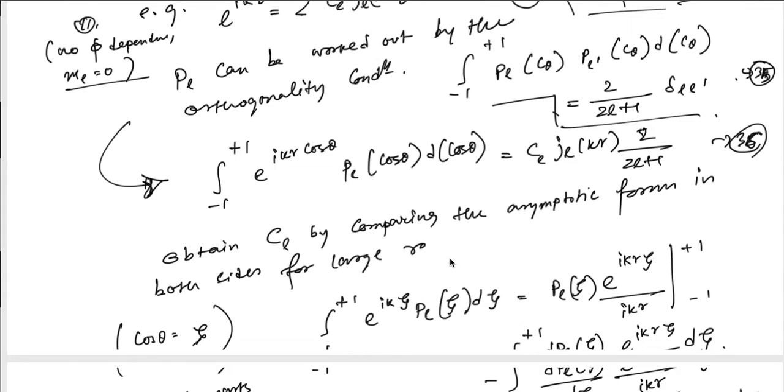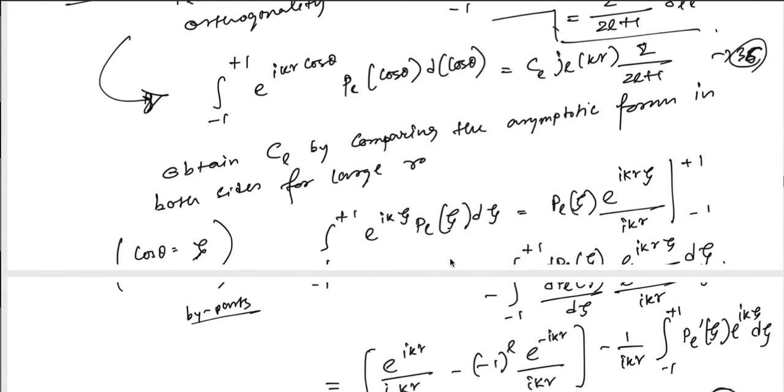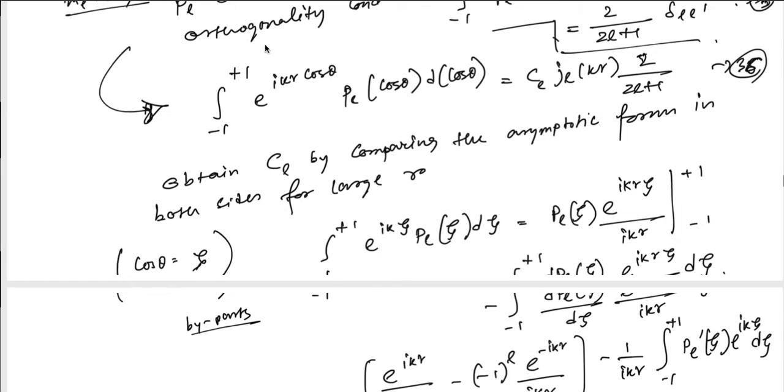In order to do that, I now have to solve this equation, and we want to solve it because the solution is not so simple. So we will solve it in the approximation of large r. First let us do the left hand side of the integral, which is rewritten by writing cos theta as zeta: e to the power i k r zeta, P_l zeta, d zeta, and there is an r factor which I missed, i k r zeta.